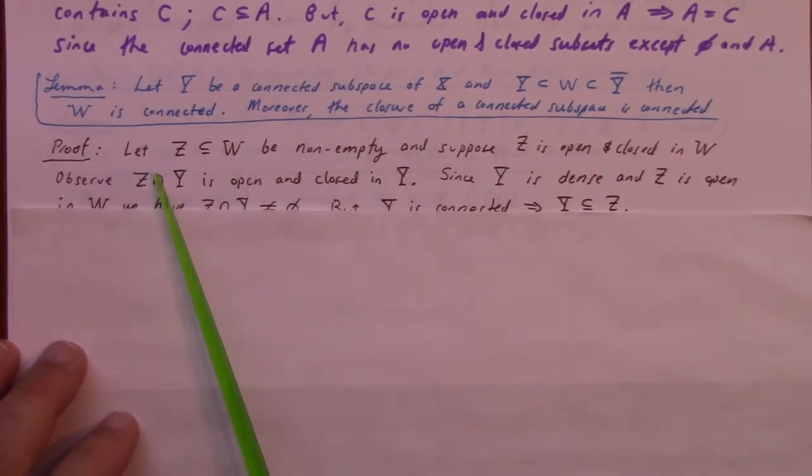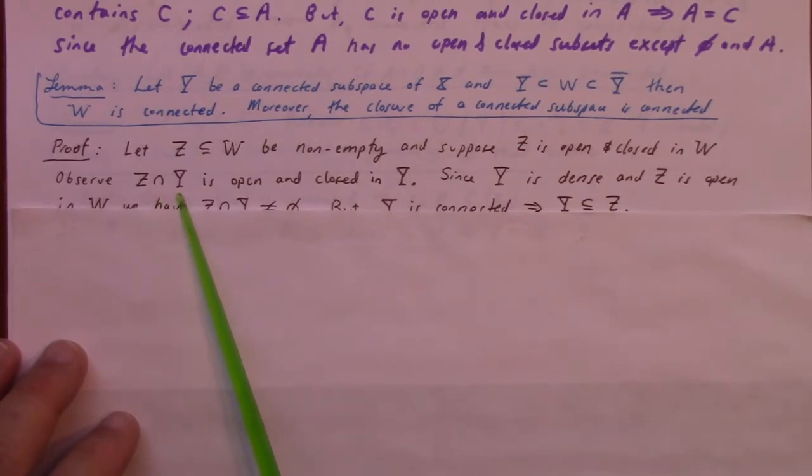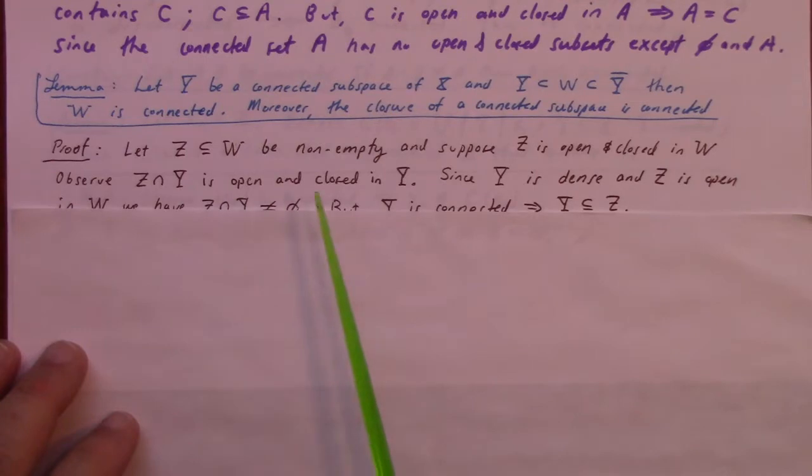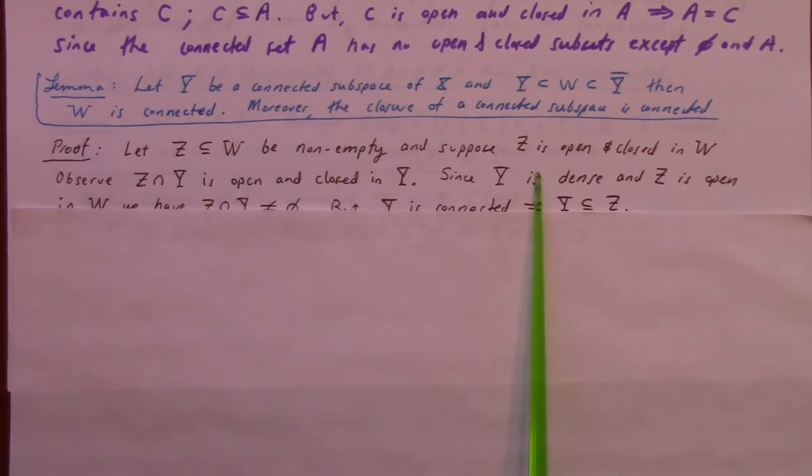Observe Z intersect Y is open and closed in Y because of the subspace topology's definition. And since Y is dense in Z because of this condition right here, let's see here.